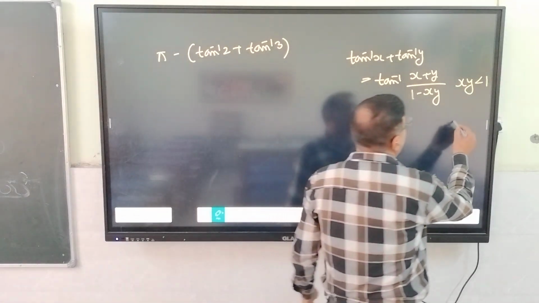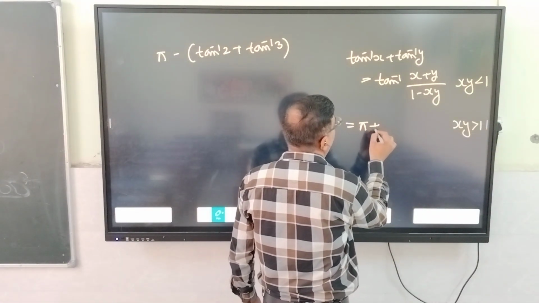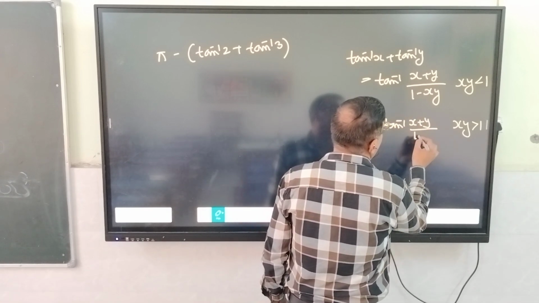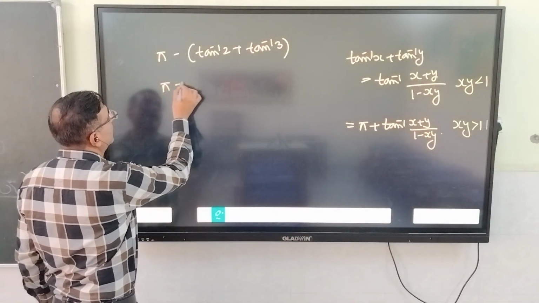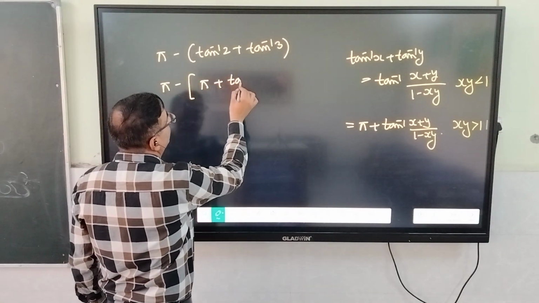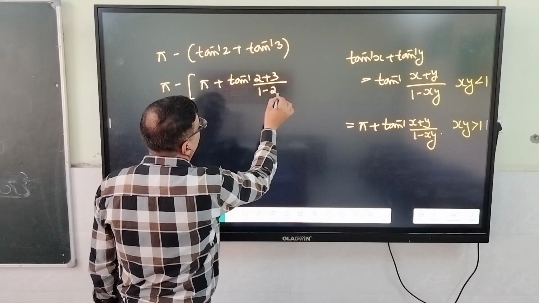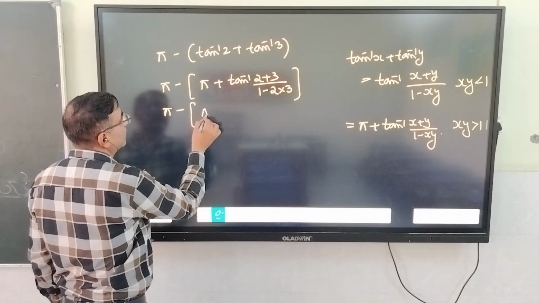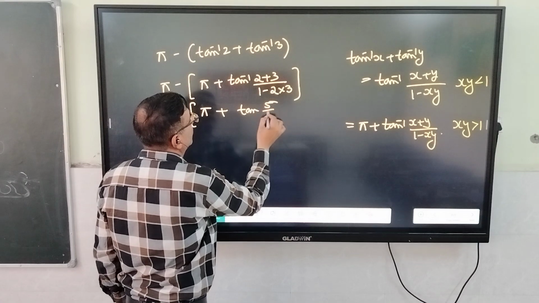But if xy is greater than 1, the formula will be pi plus tan inverse of x plus y upon 1 minus xy. So it will become pi minus pi plus tan inverse of 2 plus 3 over 1 minus 2 into 3, pi minus pi plus tan inverse 5 upon minus 5.